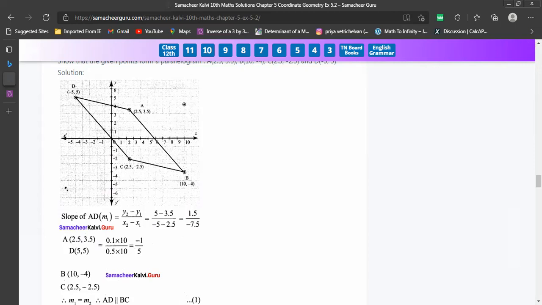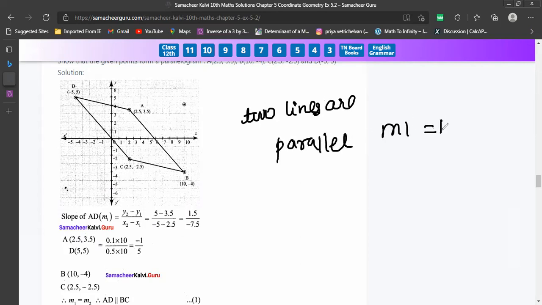Yeah. When two lines are parallel, their slopes will be equal. When two lines are perpendicular, the product of their slopes will be equal to -1. Okay, remember the condition. When two lines are perpendicular to each other, then the multiplication of their slopes will be equal to -1.